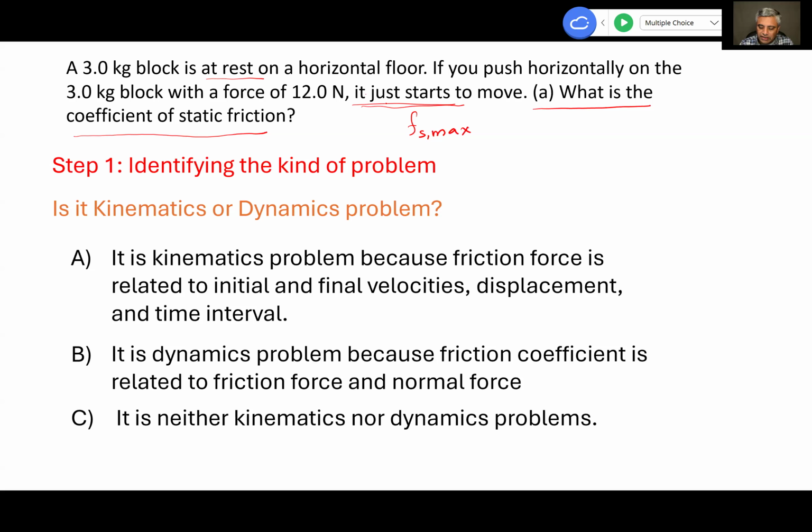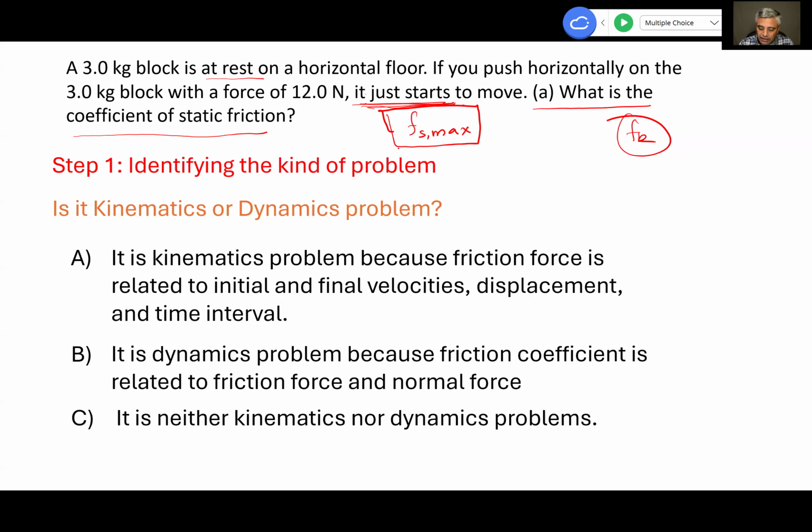When you see or read this kind of statement, it should click in your mind that you are talking about maximum static friction force. Otherwise, it would simply say this is sliding, rather than saying it just starts to slide or move. It would say it is moving, sliding, something like that. In that case, it would be the kinetic friction force.